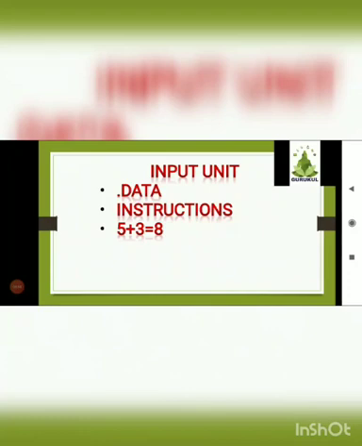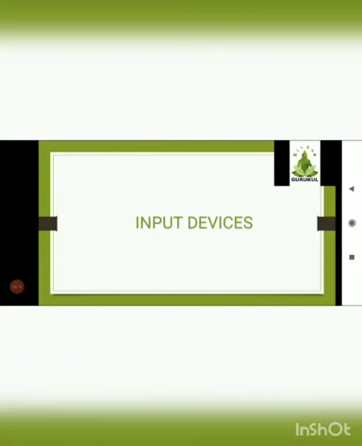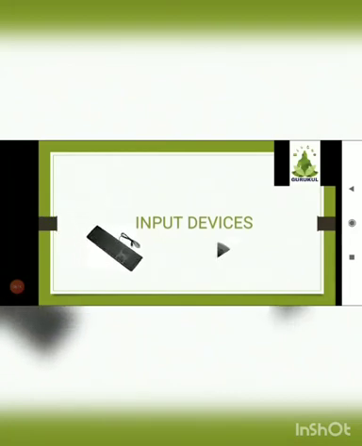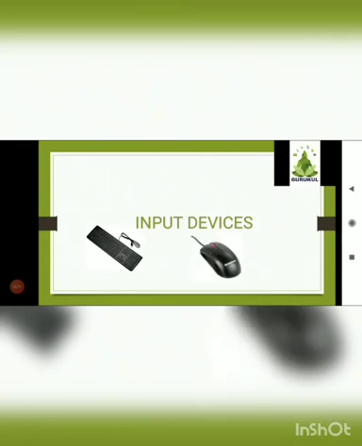Here the main function of an input unit is to convert the human language into computer readable language to make the computer understand what we need to do with the data. So these are the basic functions of an input unit. Some examples of input devices are keyboard and mouse. These are the basic input devices which we use in a computer system.